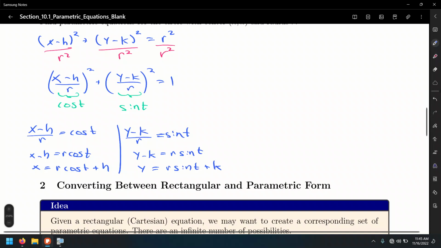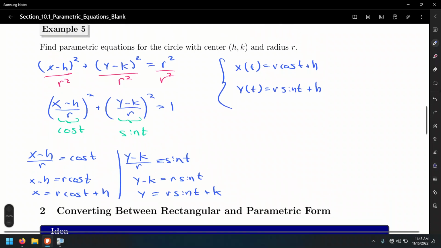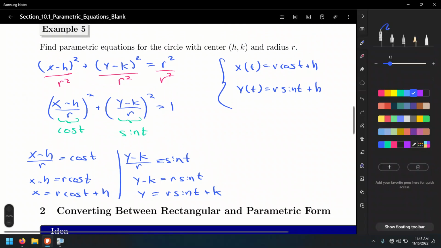So let's write this as a set of parametric equations, the correct way, like a system of equations. x of t equals r cosine t plus h, y of t equals r sine t plus h. And well, so that's in general how to parameterize a circle oriented counterclockwise. Let me denote that actually.